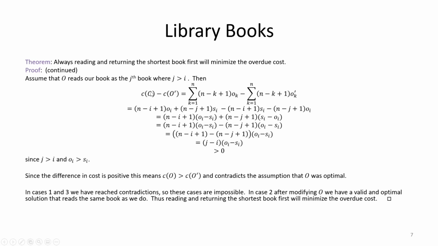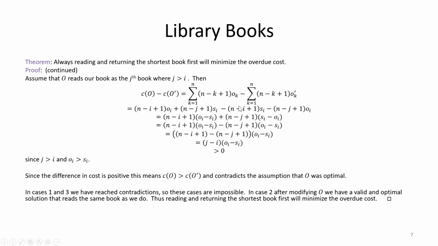In O, we know that OI was at position k equals I, so I've subbed in I here for k. We also know, according to our assumption, that SI was in position J, so I've got SI in position J. Now, after the swap, that's our O prime, we just swapped those two positions.